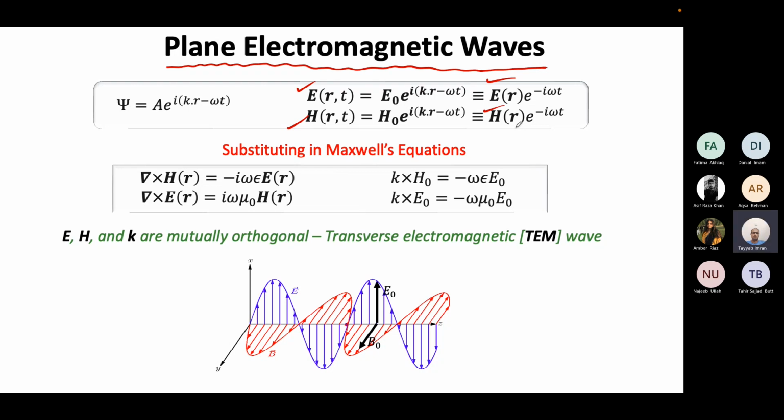And when we substitute these values in the Maxwell equation, then we get this one, you know already, okay. And if you write in a magnitude form, that can be like this. Okay. E, H, and K, basically they are mutually orthogonal to each other. Okay.